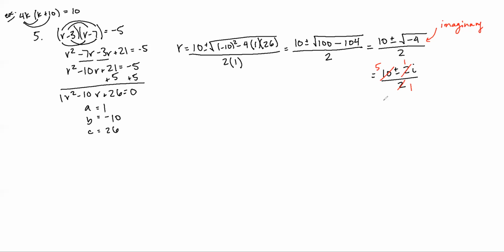So we're just going to write this as 5 plus or minus 1i, which is just i. You don't need to put the over 1 because putting something over 1 doesn't change the value. And again, if you were to split this up, it becomes 5 plus i and 5 minus i.